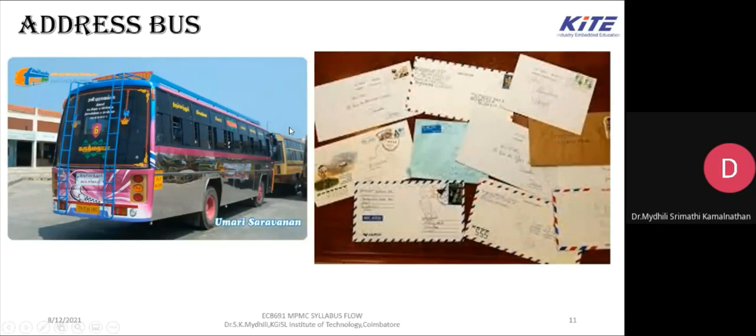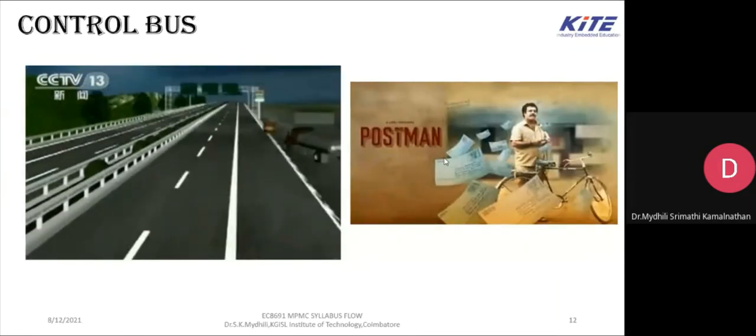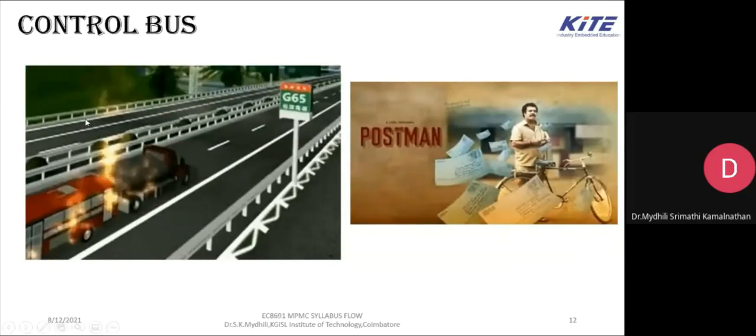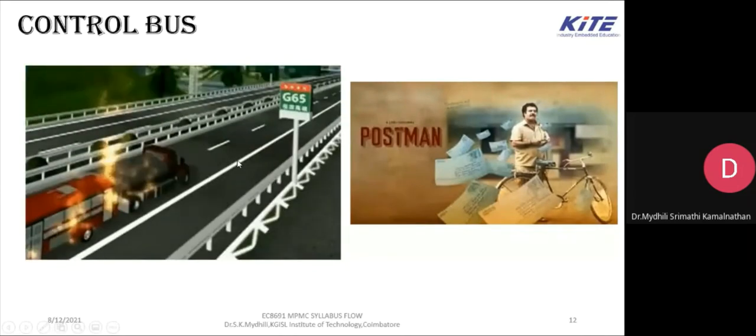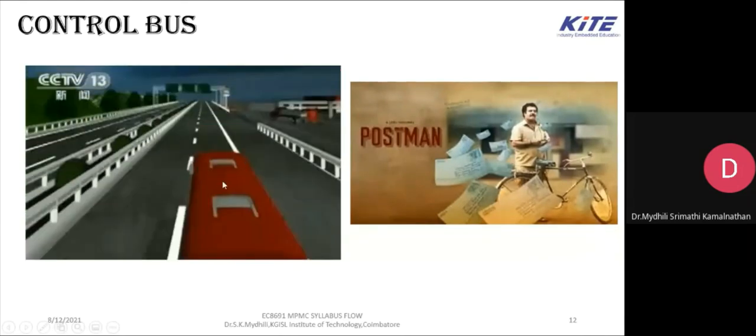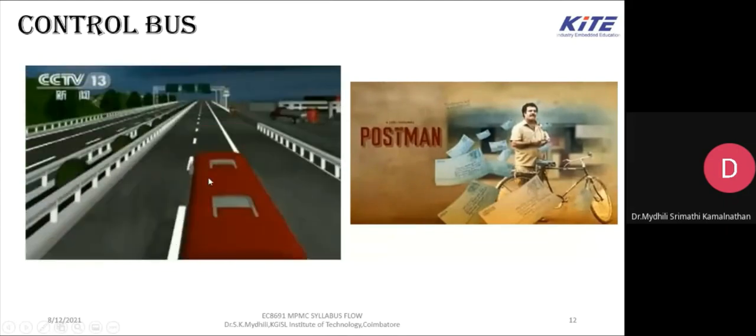What is this address bus's role? The data bus is just the information, and the address bus shows the location where this data is to be transferred or delivered. And what is the role of the control bus? Can you tell me the role of the control bus from what I'm showing here? Without the control, or the driver, let me take the example of the driver. What does this driver do?